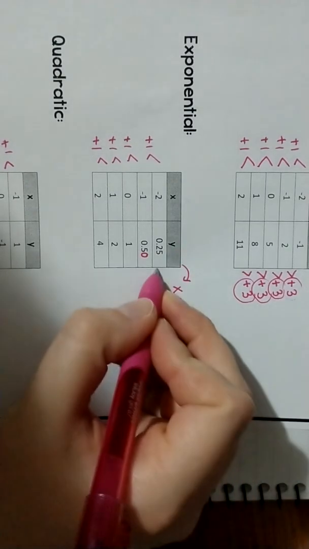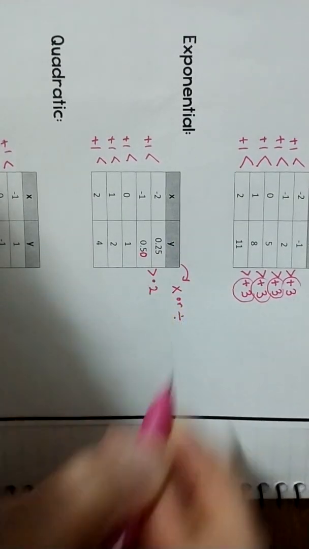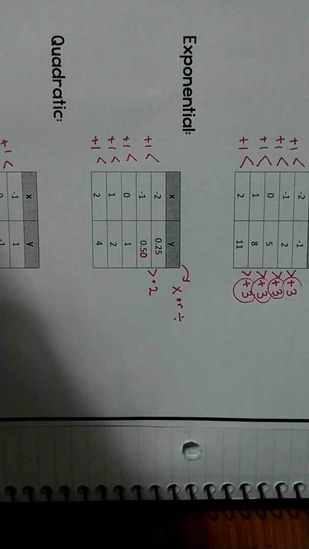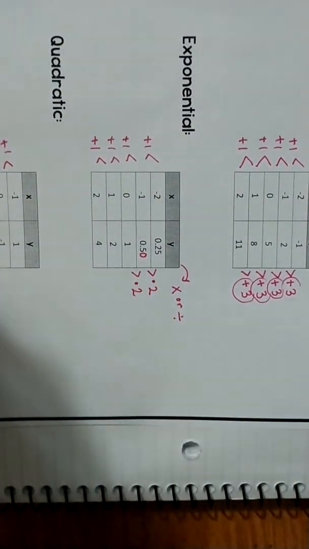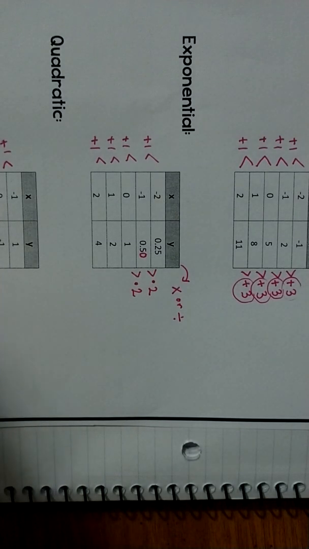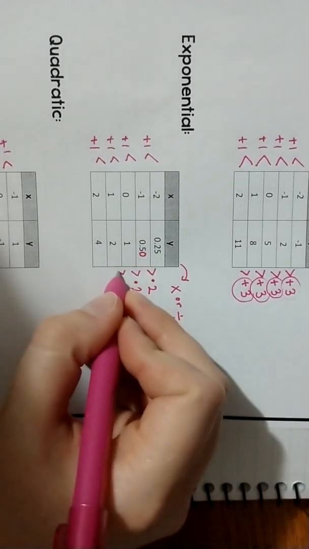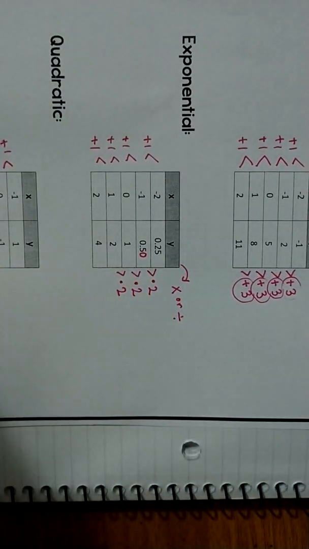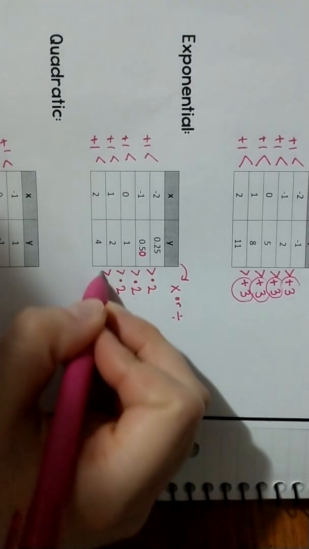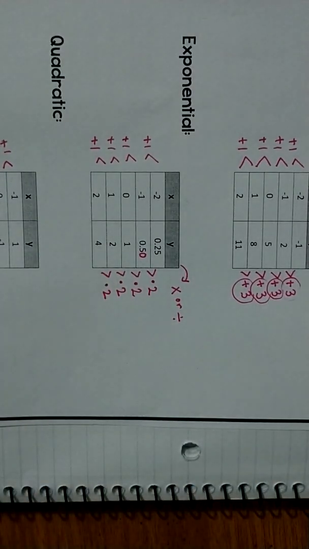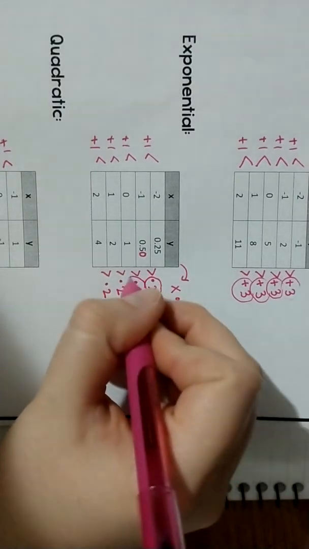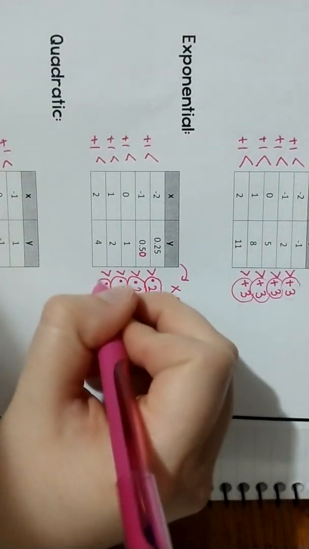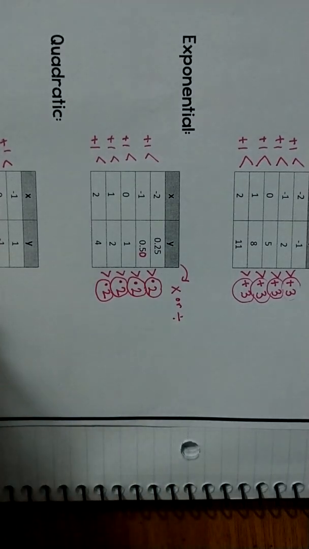You have to multiply it by 2. Okay? What do you have to do to 0.5, so 50 cents, to get $1? Multiply it by 2. What do you have to do to 1 to get 2? What do you multiply by? 2. What can you multiply 2 by to get 4? Also 2. So for something to have exponential behavior, it's going to be multiplying or dividing by the same thing each time.